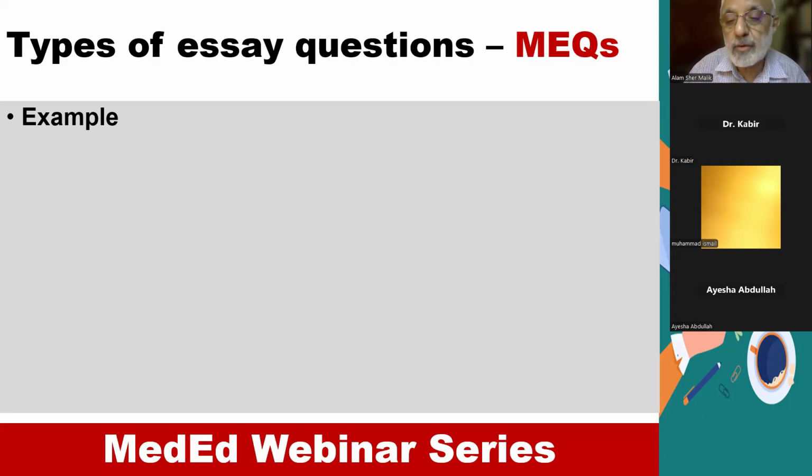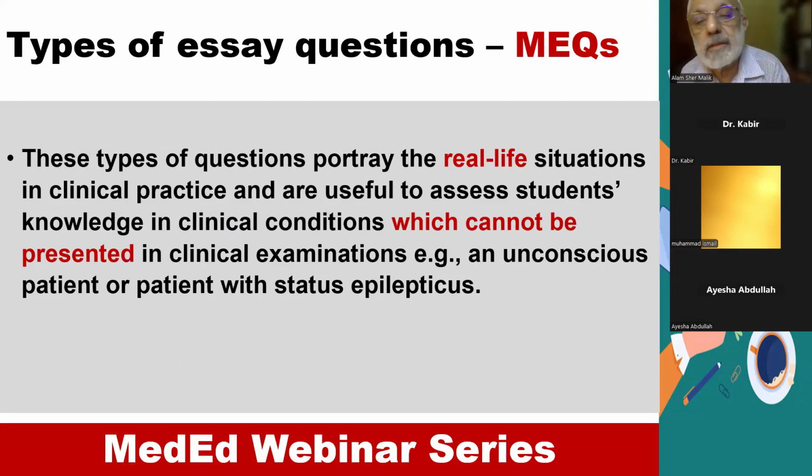Types of essay. Now, we have seen this modified essay question. These types of questions portray real life situations in clinical practice and are useful to assess students' knowledge in clinical conditions which cannot be presented in clinical examination.